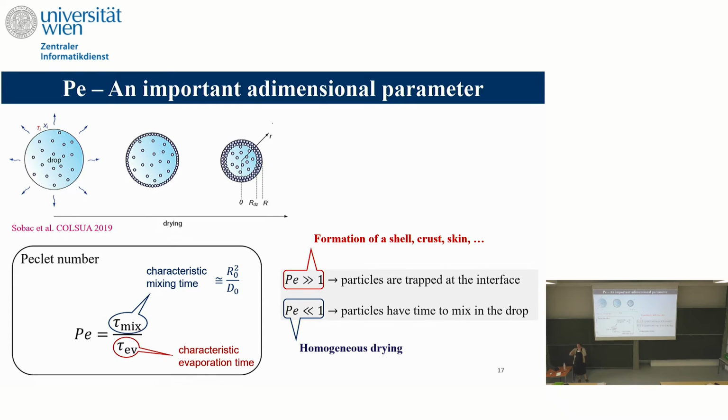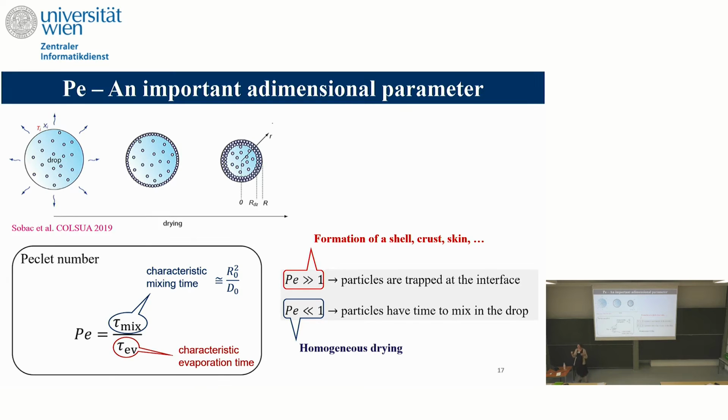And one important parameter to understand this experiment in general, when you have a confined drop of a sample with colloids inside that shrinks, is the Peclet number, which compares two times: the characteristic evaporation time.